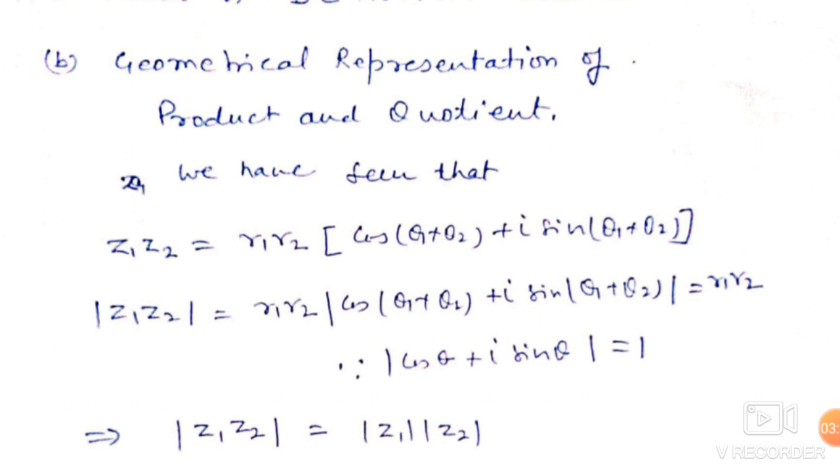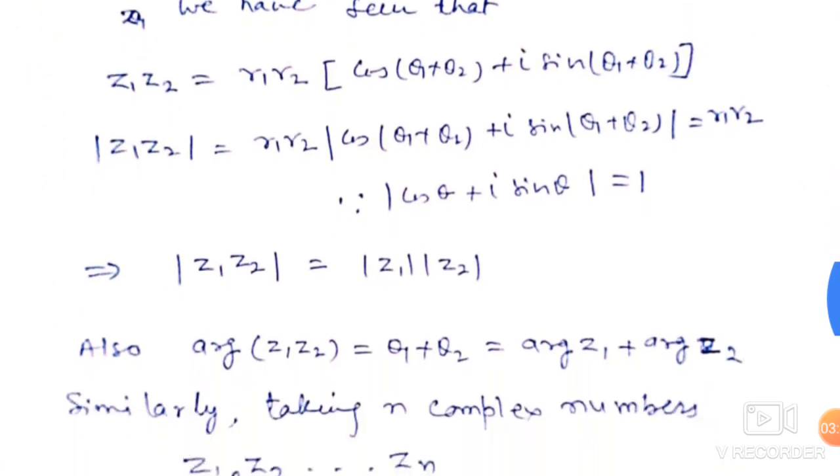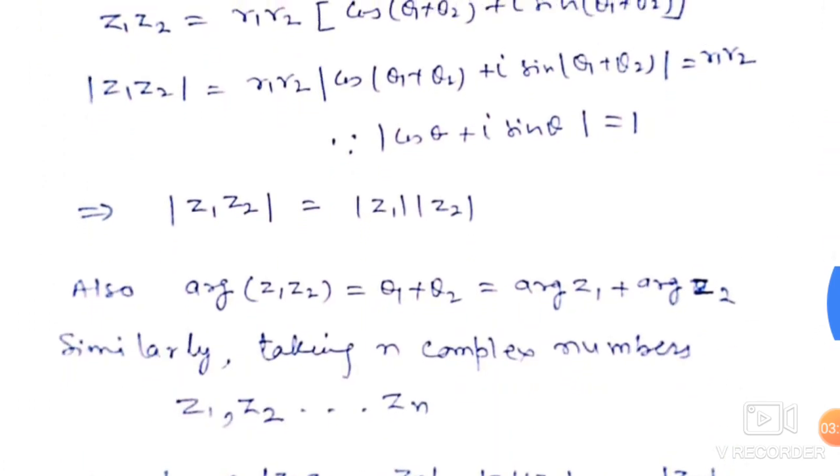This gives modulus of Z1 Z2 equal to r1 r2 mod of cos of theta 1 plus theta 2 plus iota sin of theta 1 plus theta 2, which is equal to r1 r2, since mod of cos of theta plus iota sin of theta equal to 1. Hence, mod of Z1 Z2 equal to mod of Z1 mod of Z2.